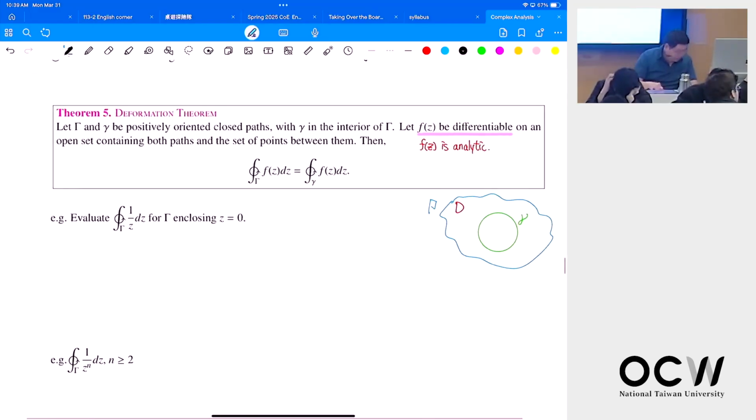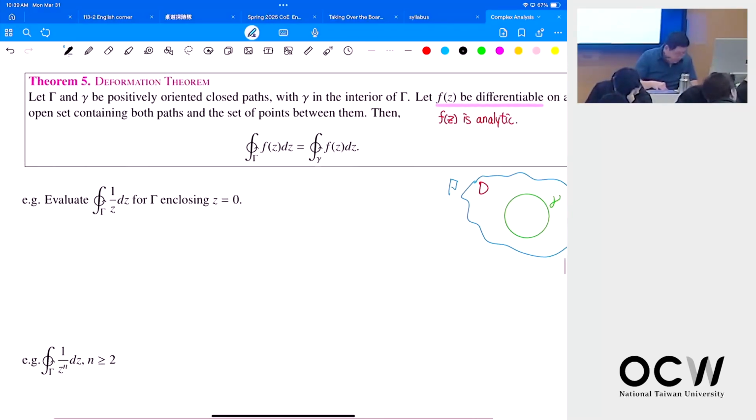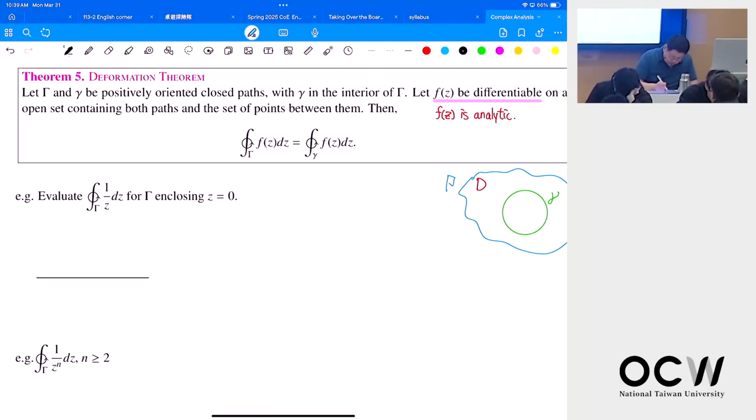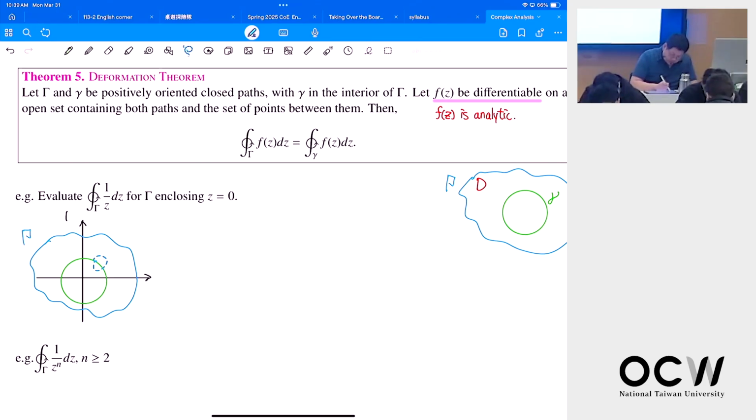So first let's plot. Suppose I have a closed curve. This is tau. And inside this closed curve I have a gamma. Let's just choose a circle, easy to compute. This is gamma, and I have a radius, say gamma naught.